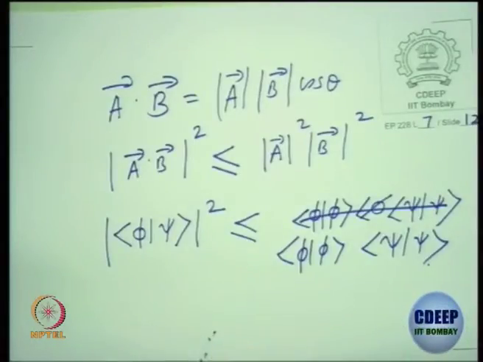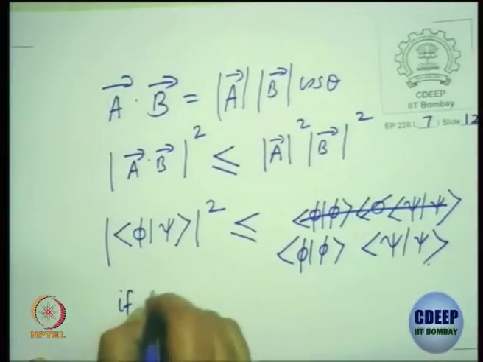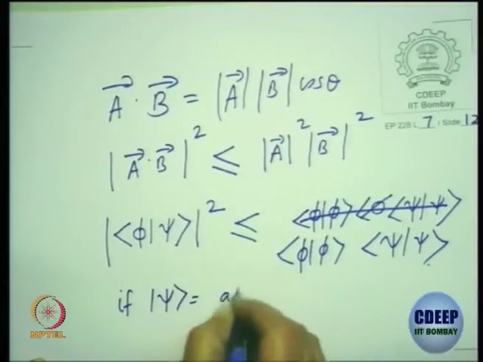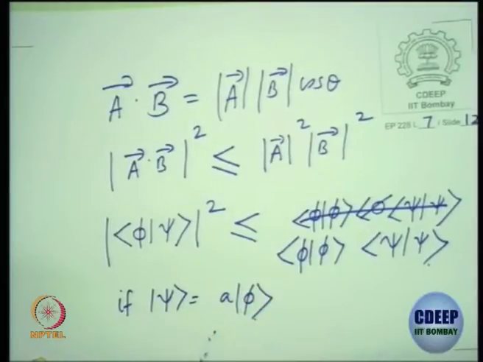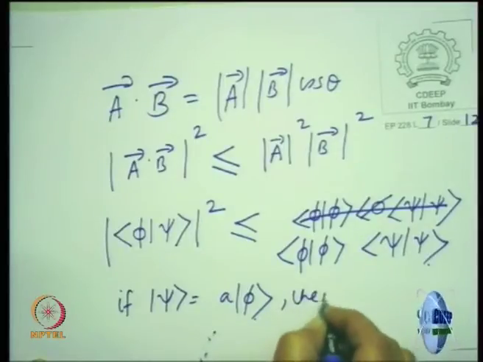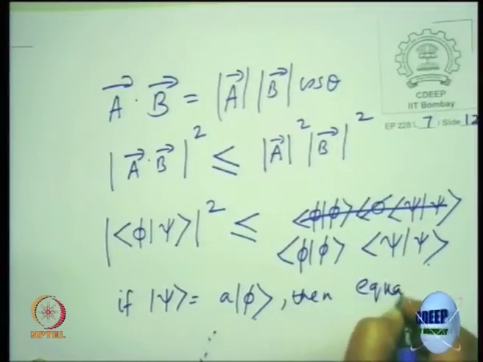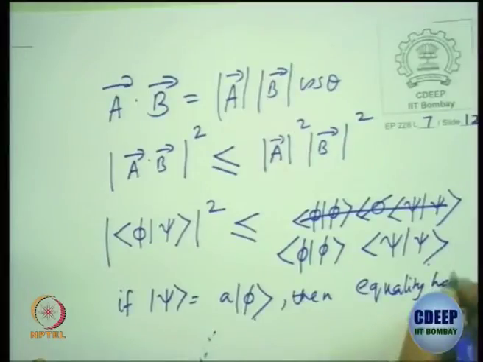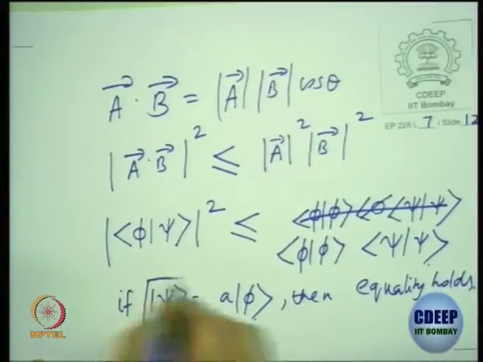When will it become equal? If psi is a times phi, then equality holds, right. What is this condition?